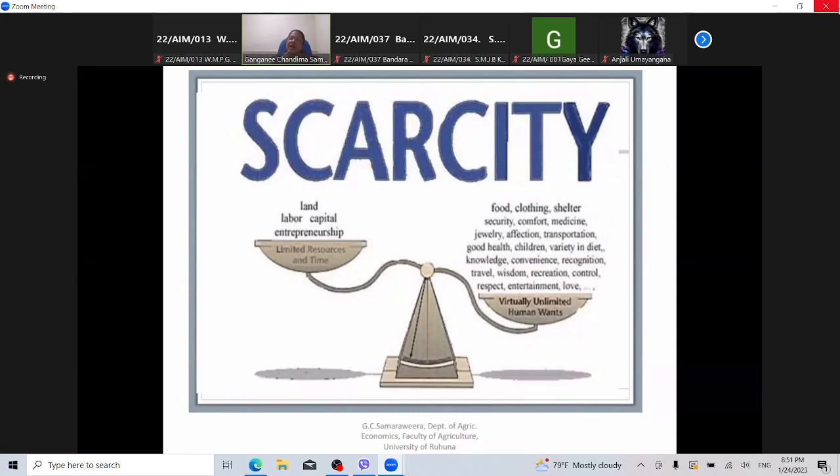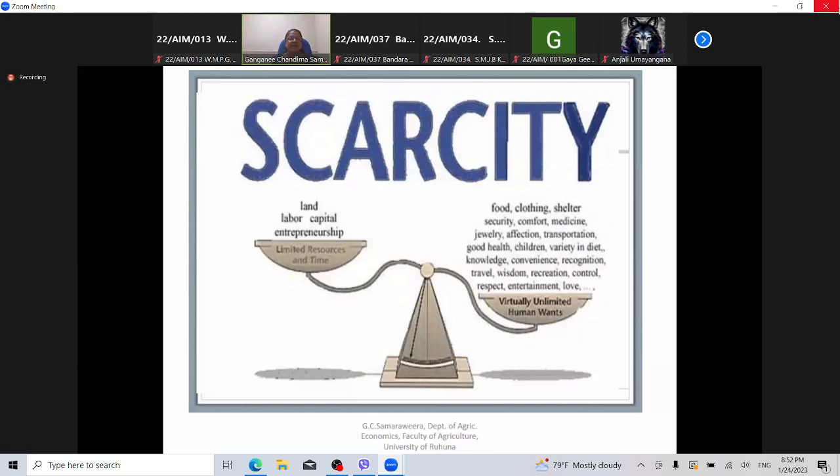Let's say we have abundant land, abundant labor, abundant capital, machinery, money and all. But if we don't know how to use this land, this labor, this capital, our effort is useless. So that's why we need entrepreneurial skills to combine all these resources.